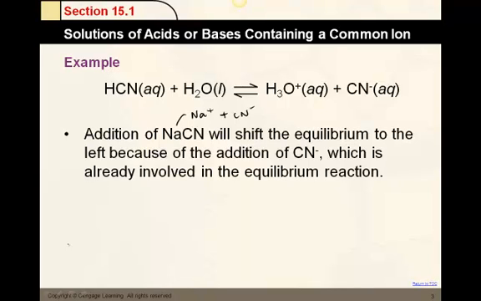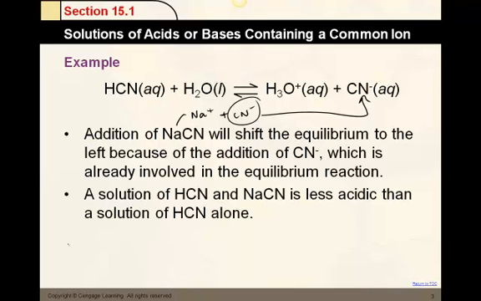When it breaks apart, you'll notice the ion that it has in common with the one in the equation is CN negative. So it's as if I'm adding more cyanide ion. When I do, the reaction is going to shift back towards the left. And you'll notice it says a solution of HCN and NaCN is less acidic than a solution of HCN alone.